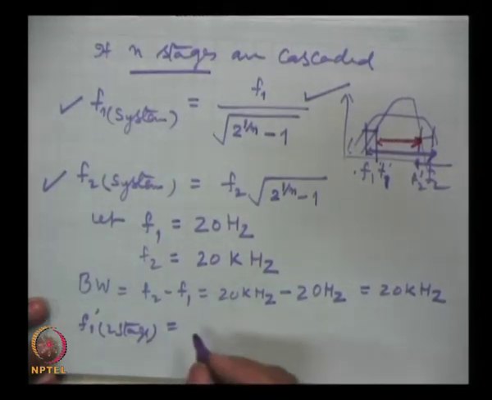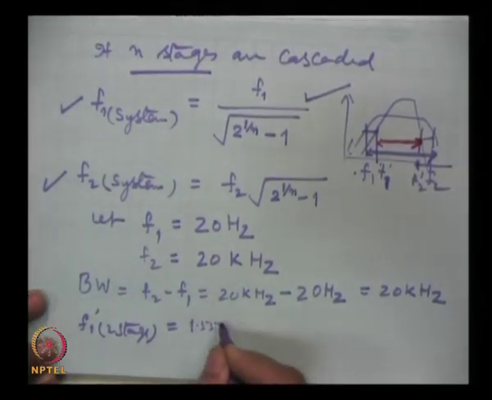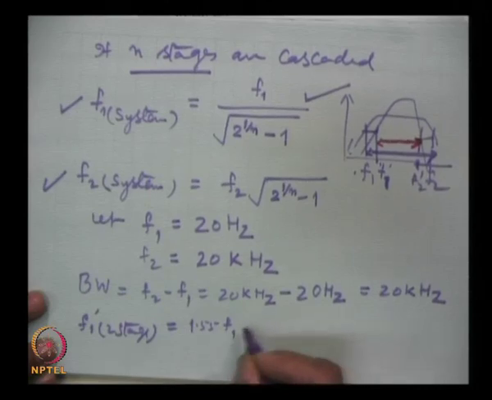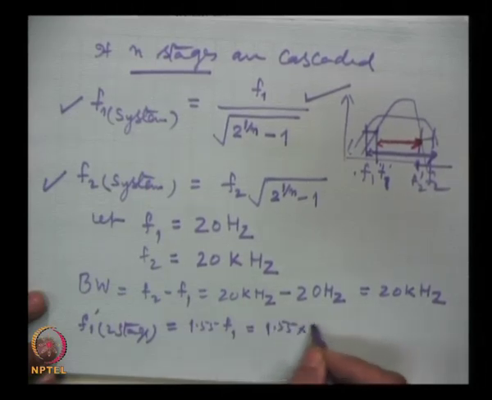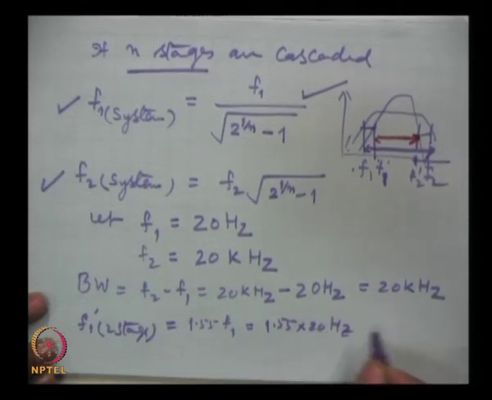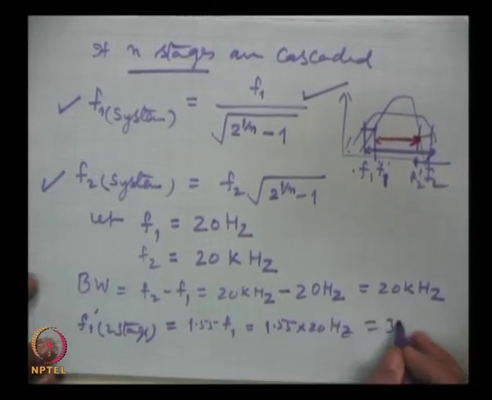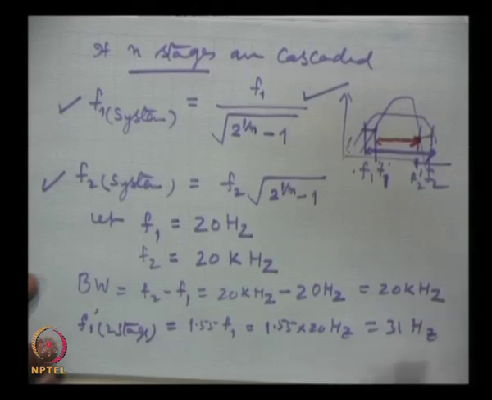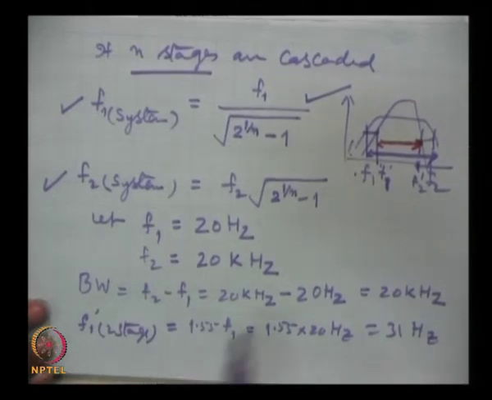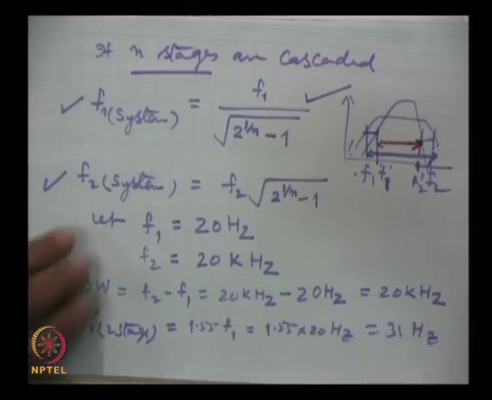So, that gives 1.55 f1, that is 1.55 into 20 hertz, and it comes out to be 31 hertz. Lower cutoff increases from 20 hertz to 31 hertz when two stages are joined together to form a multi-stage amplifier.